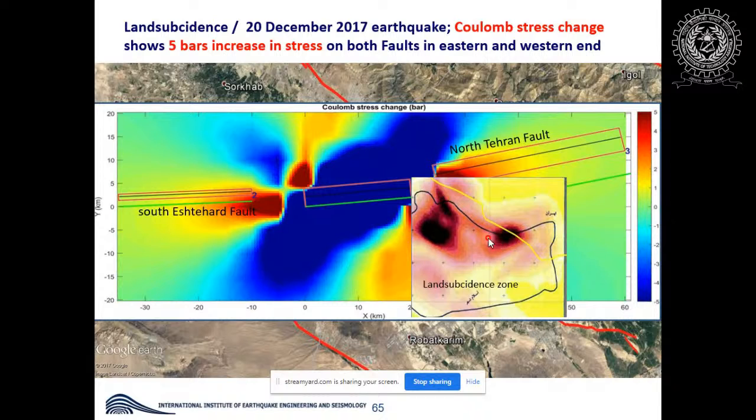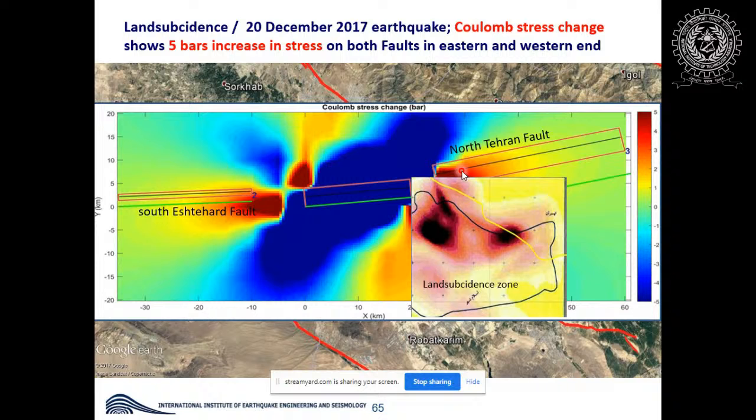And this instability of stress occurred in the location where the North Tehran fault might be triggered, might be provoked by the earthquake of 2017 by 5 bars of stress increase.